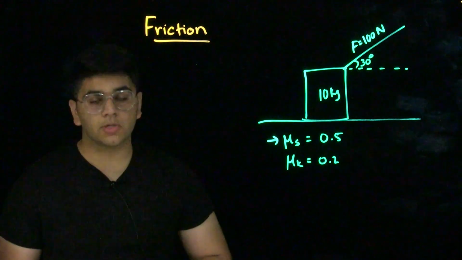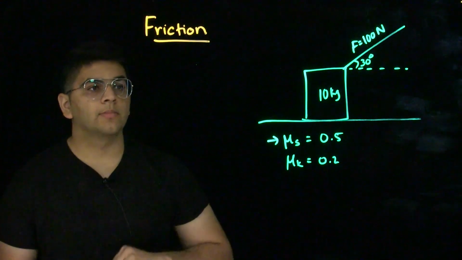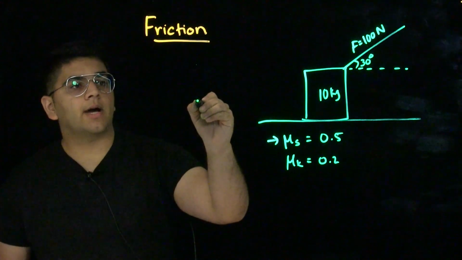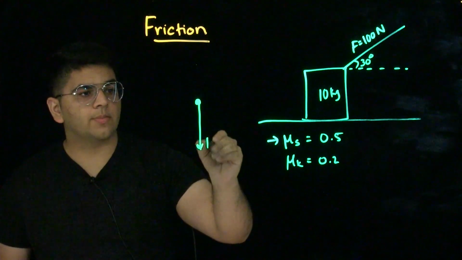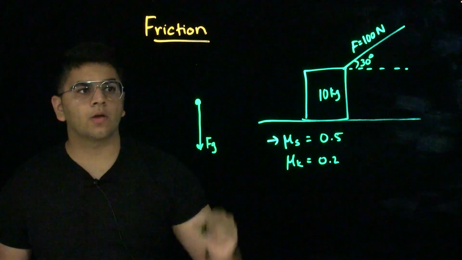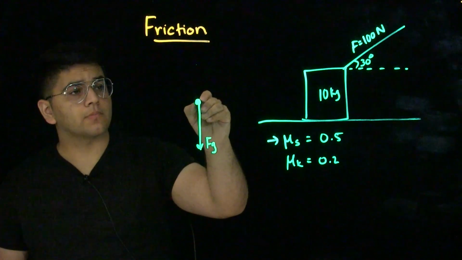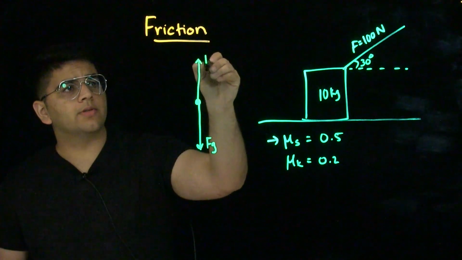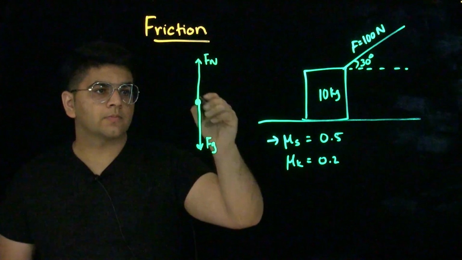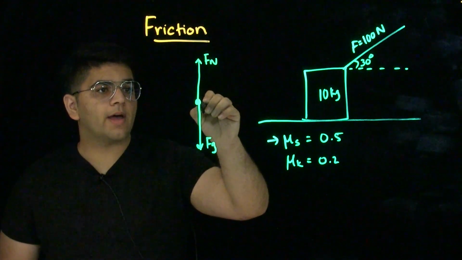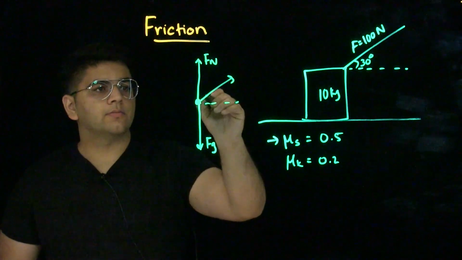Let's get started. Whenever we're dealing with a force problem, always draw a dot diagram. So, let's say this dot represents our box. We know the force of gravity is pulling the box down. We know the surface on which the box is staying is exerting a force upwards, which is our normal force. We then have a force due to the rope, acting 30 degrees above horizontal.